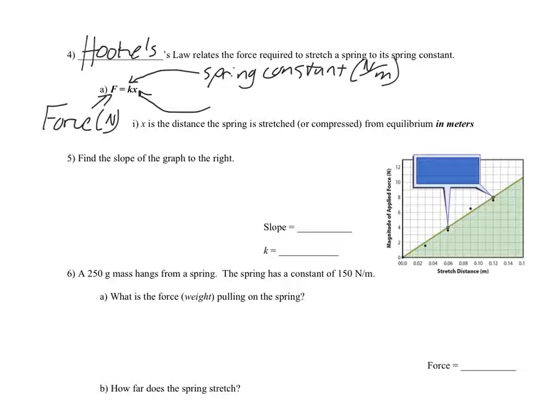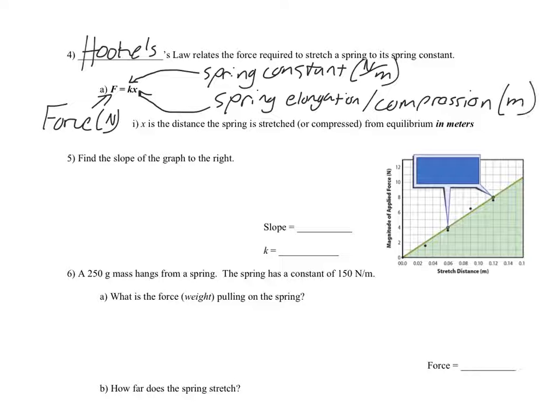And x, which is the spring elongation or compression, measured in meters. So x is the distance the spring is stretched or compressed from equilibrium in meters.